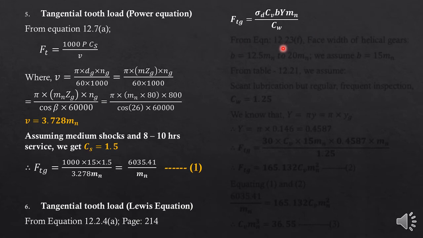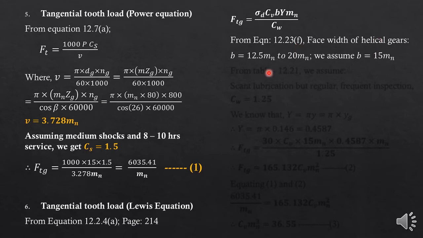The things to be noted here is the form factor is capital Y, which we know is pi times the Lewis form factor. B is face width. Face width from equation 12.23f for helical gears, we have between 12.5 normal module to 20 normal module. We normally assume it to be 15 normal module, which is in between this.